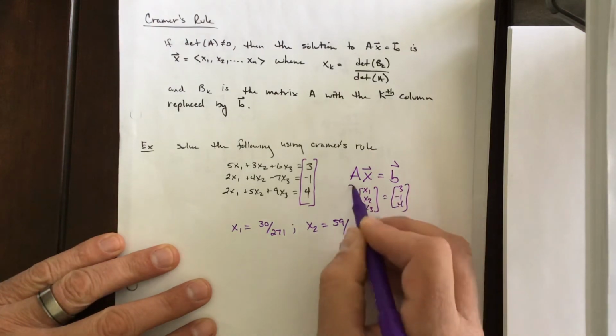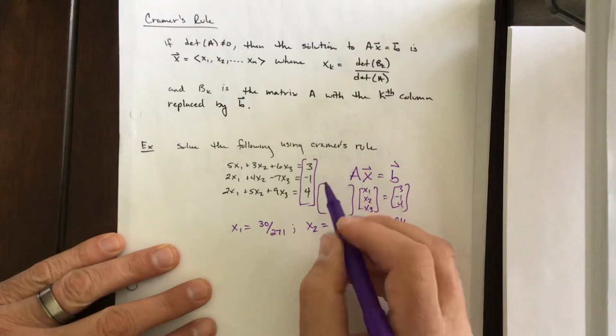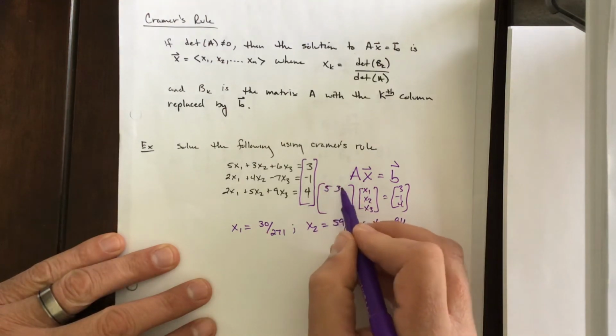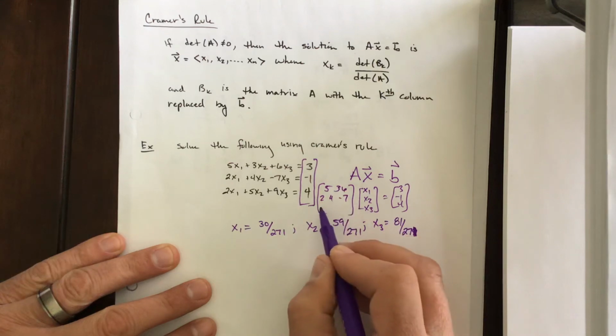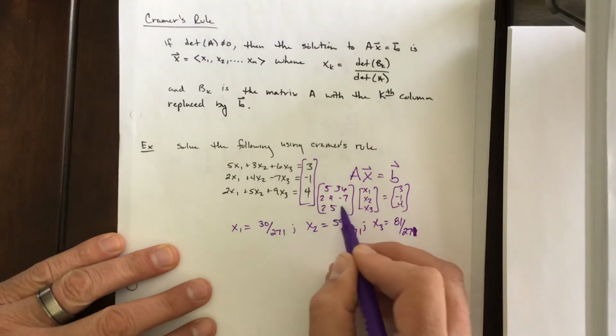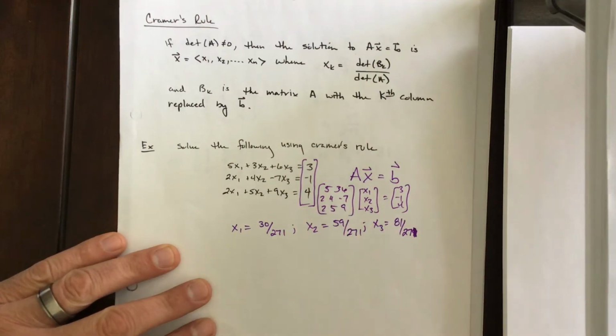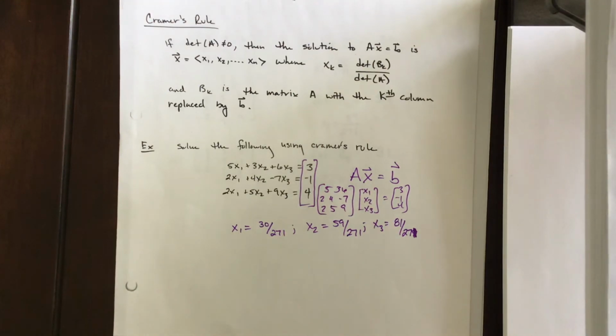And A is the coefficient matrix 5, 3, 6, 2, 4, -7, and 2, 5, 9. So I'm not going to show you a bunch of examples of Cramer's rule because Cramer's rule is only as difficult as computing a set of determinants.